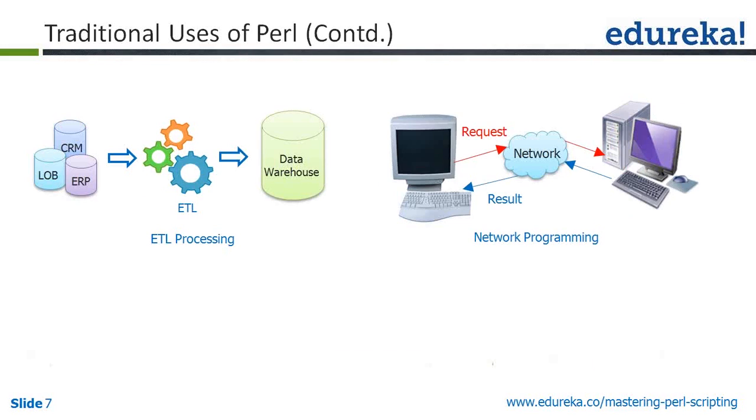If you speak about ETL, the transformation layer is completely built on regular expressions. So you can create your complete scripts and your complete transformation with the help of Perl. As well as you can use it in networking programming, where you have client server protocols, and from a client you're connecting to the server and extracting data out of it. So these are the basic uses. Apart from this, you can do anything you want in Perl.